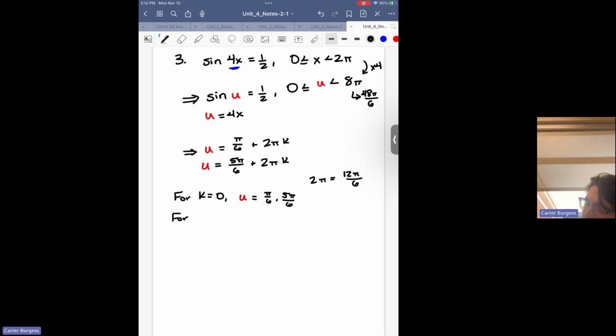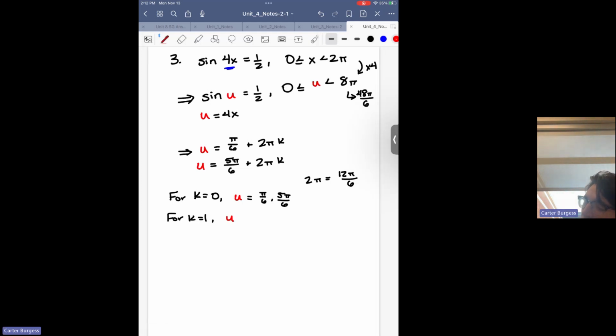When k is equal to 1, we are adding 12 pi over 6 to both of them. Pi over 6 plus 12 pi over 6 is 13 pi over 6, and 5 pi over 6 plus 12 pi over 6 is 17 pi over 6. Am I close to 48 pi over 6 yet? Not really, so we can keep going.